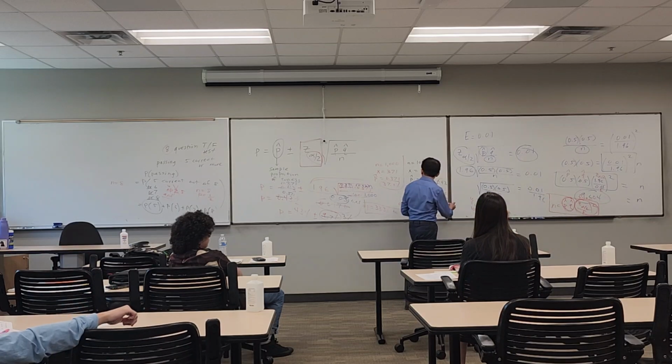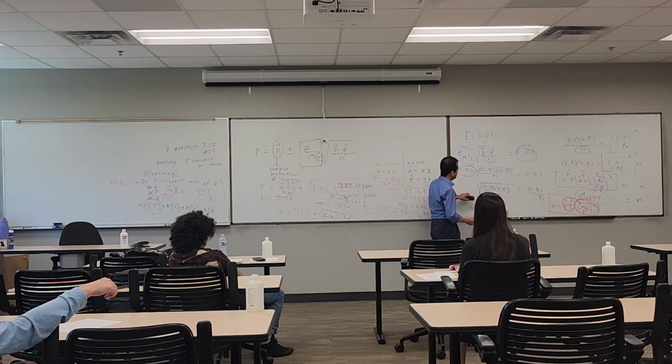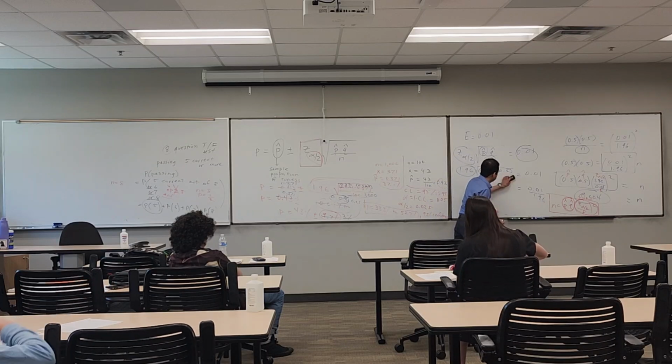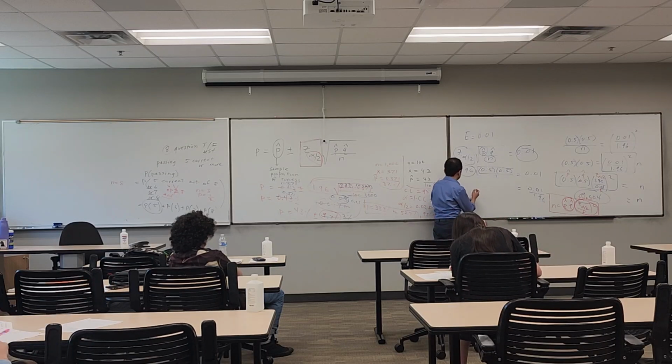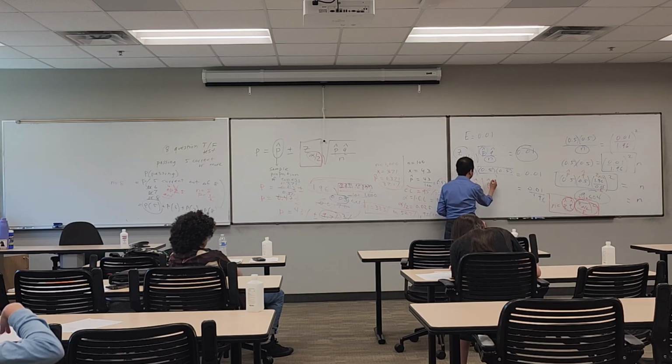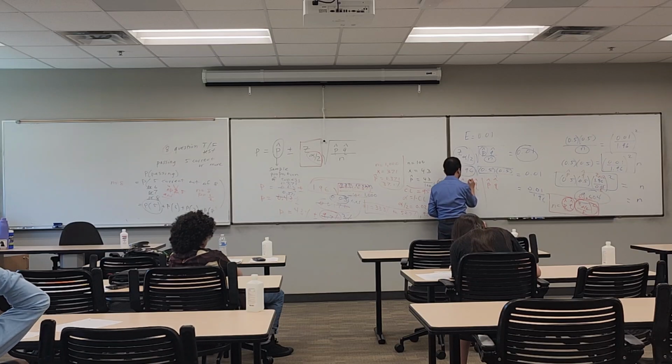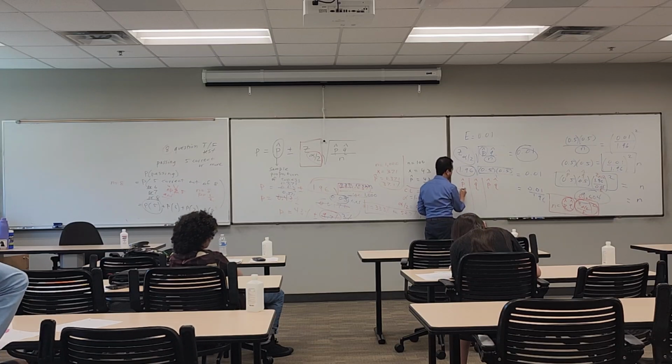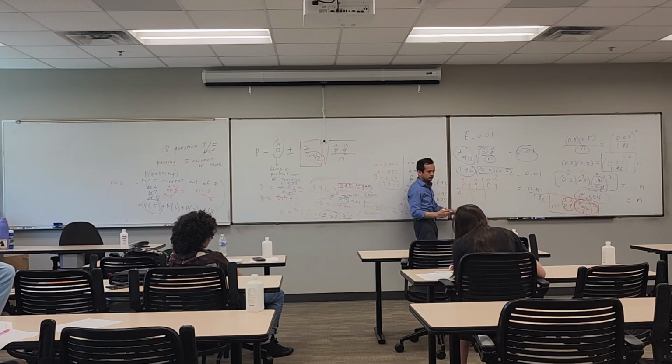So if you explore a little bit, let's say that p hat were 0.1. In that case, what would q hat be? 0.9.